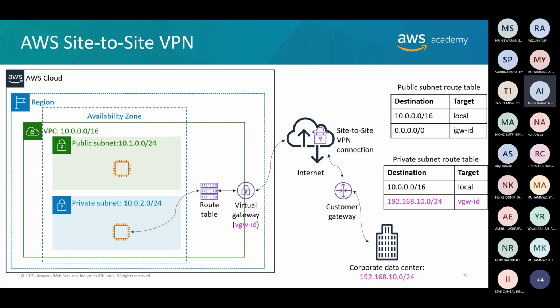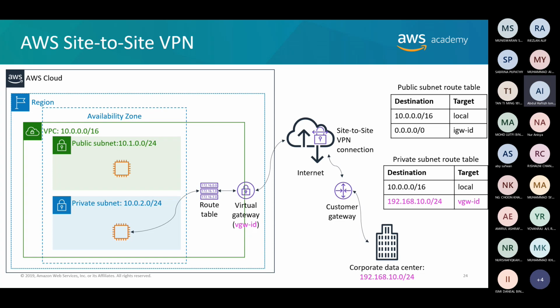You create a new virtual gateway. Create new virtual gateway device called a virtual private network, VPN, and attach it to your VPC.